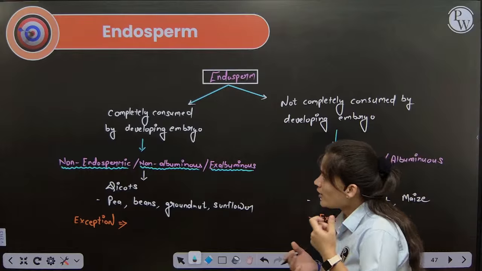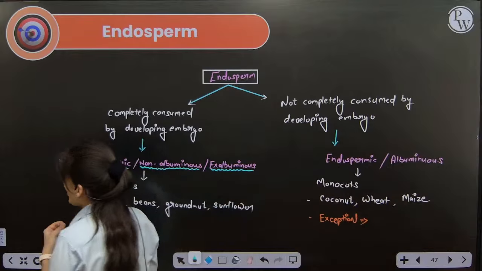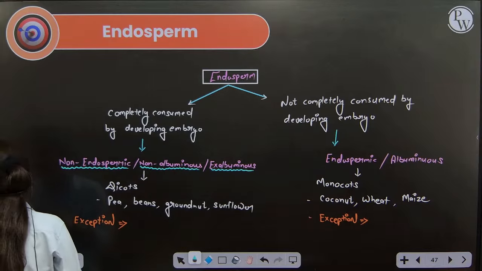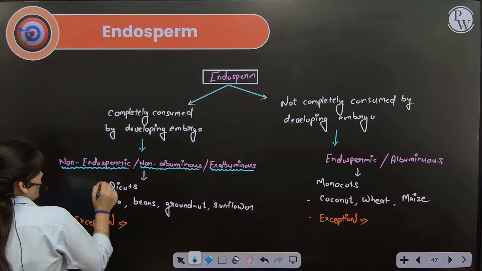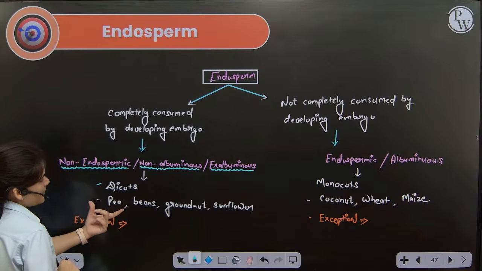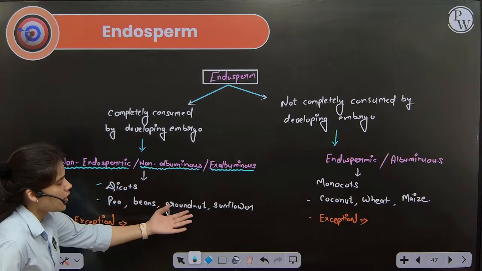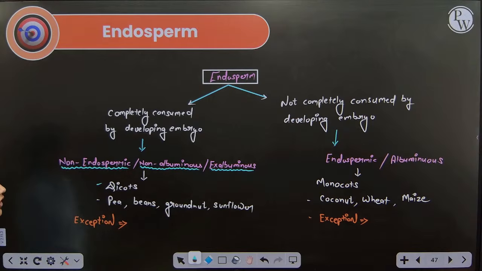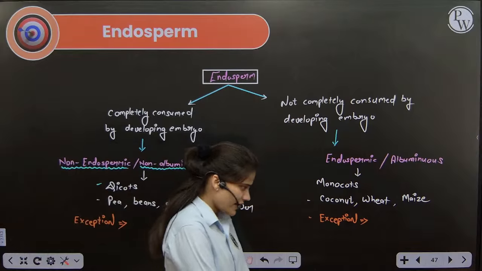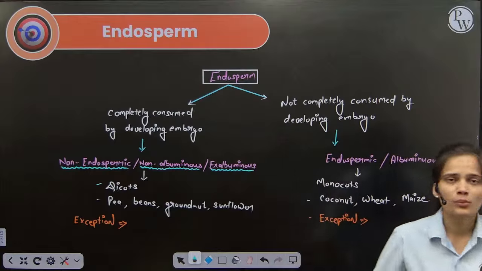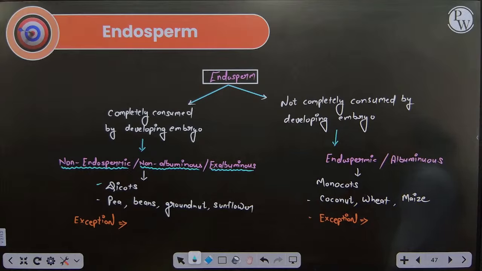So example of the plant where this non-albuminous condition is found is dicot. Examples are pea, bean, groundnut, sunflower, where this endosperm is completely utilized by the developing embryo. But exceptions are there, and these exceptions are given in the Morphology of Flowering Plants chapter.